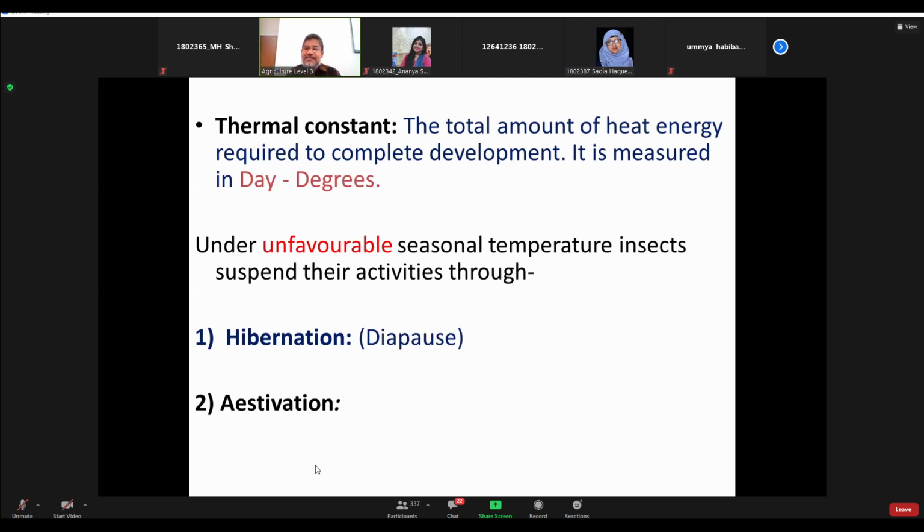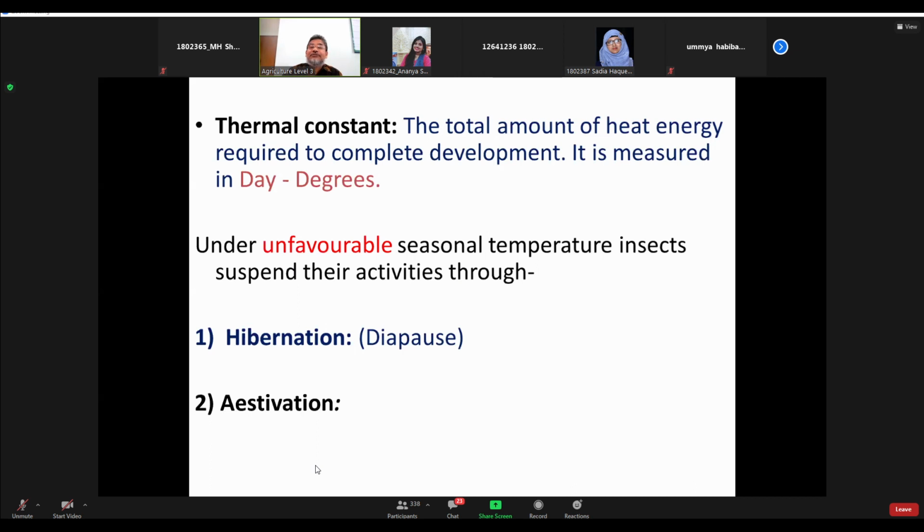If the same insect is taken to 30 degrees, definitely it will get the same amount of heat in a short period of time, because every day it is getting that temperature. So the total amount of heat will be the same. That's why the developmental period will be shorter when the temperature is high.